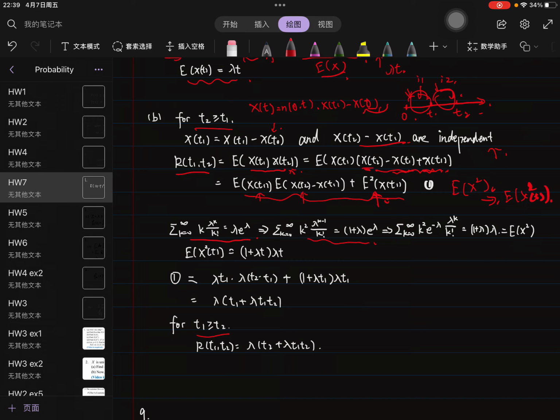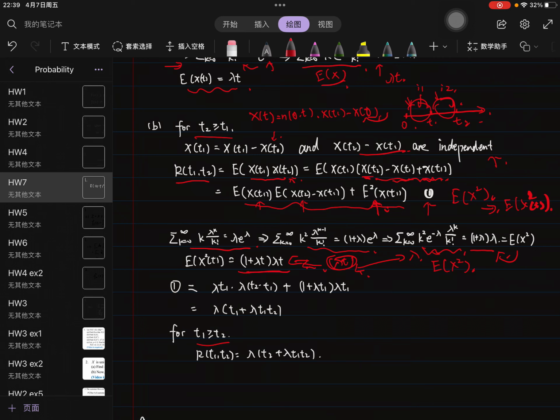We get (1 plus lambda) times lambda. That is the expression of the expected value of X squared. Then for the Poisson process, we change lambda to lambda t, so we could get this expression.